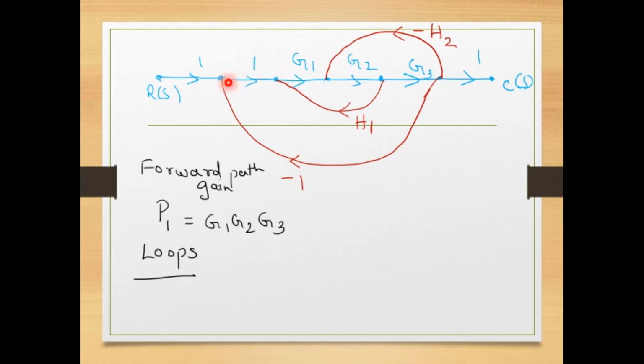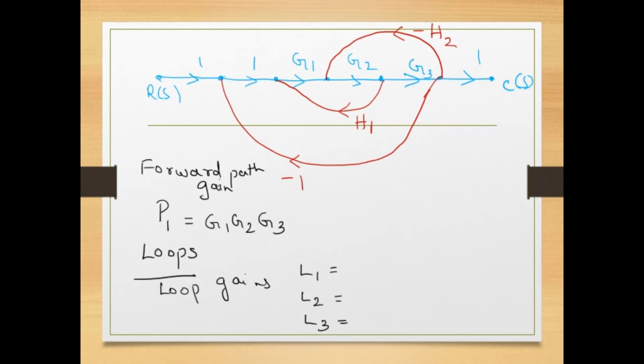Next we have one more, it starts at this point, the signal travels here and again comes back with the gain -1. So we will write the loop gains, which I denote by L. We have three loops as identified, which I denote by L1, L2 and L3.